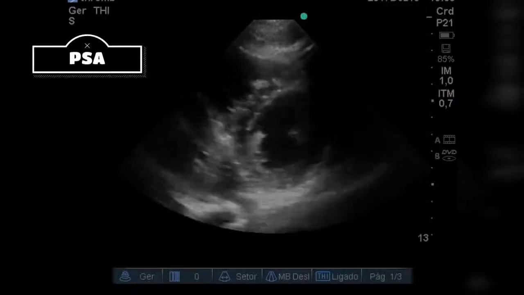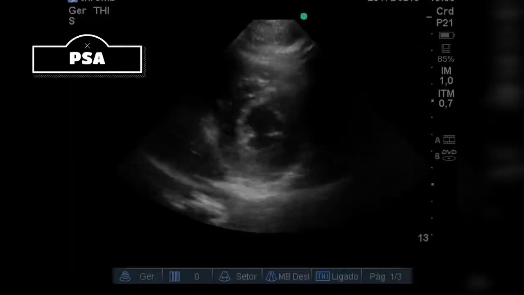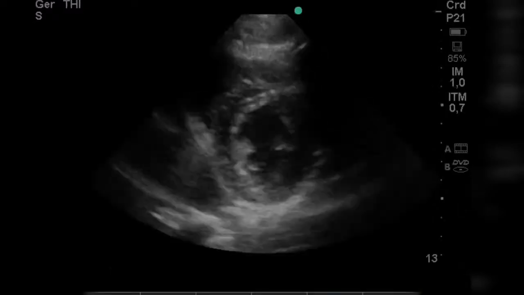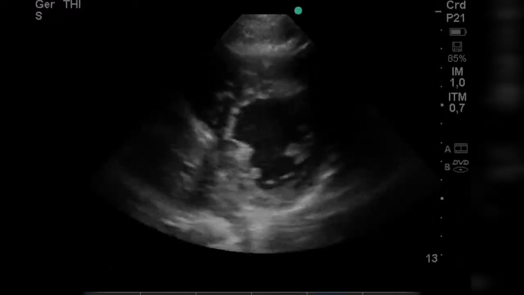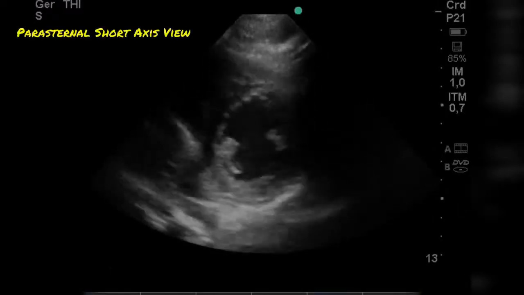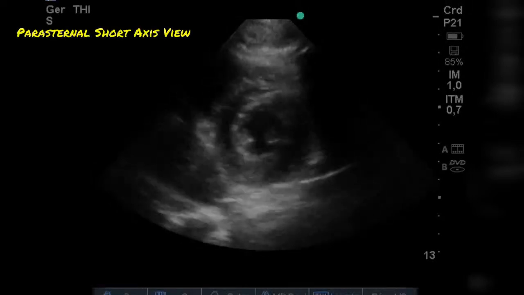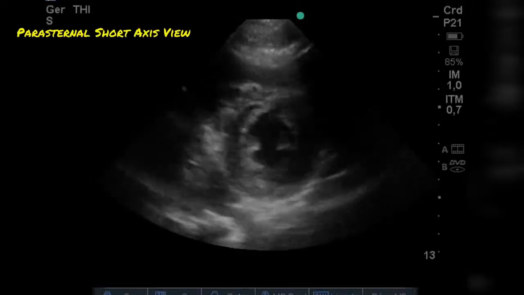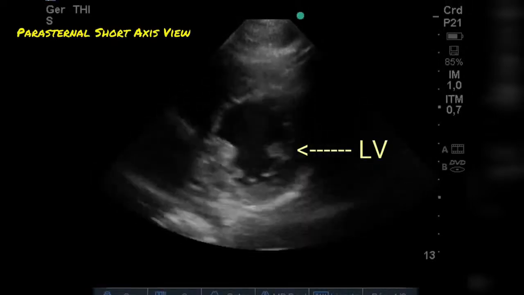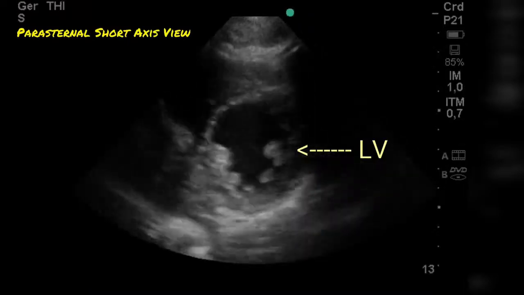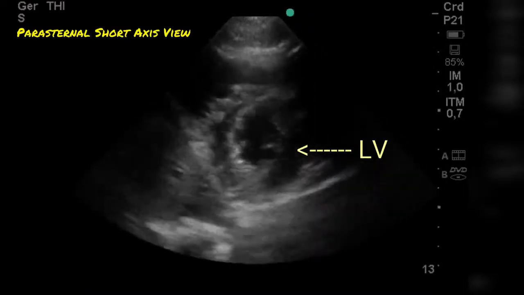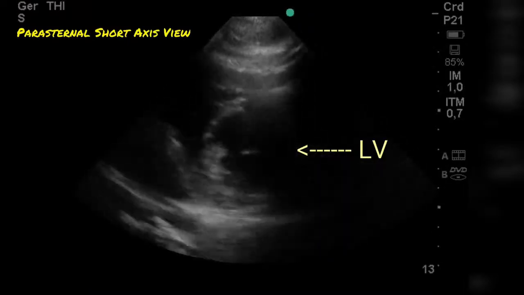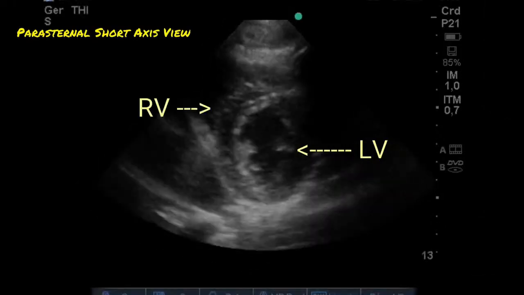This is the parasternal short axis view of the heart. Here both the ventricles can be seen in their short axis, like a cylinder cut in cross section. First, we can see the cavity of the left ventricle in the lower right portion of the screen. After that, we can see the cavity of the right ventricle in the upper left portion.